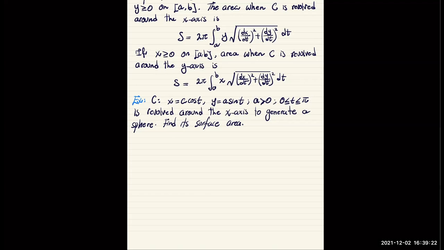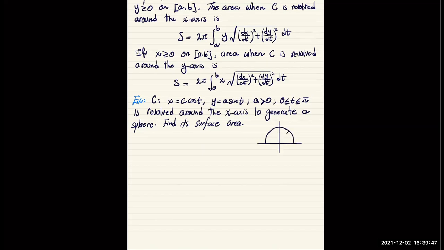We've already checked smoothness, and we know that this curve is simple on 0 to pi. Jose is mentioning that. And we know that this is the upper semicircle anyway, so y is positive.